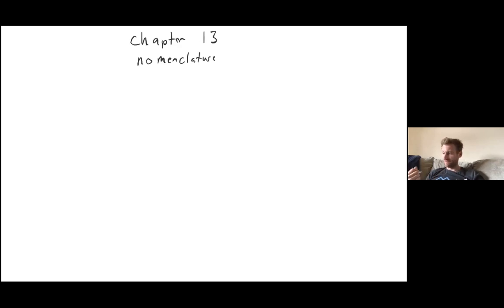Chapter 13 is all about ethers and epoxides. In terms of nomenclature, we're just going to do the ethers. So there's a couple of different ways you can name ethers. You can either name them as simple ethers.